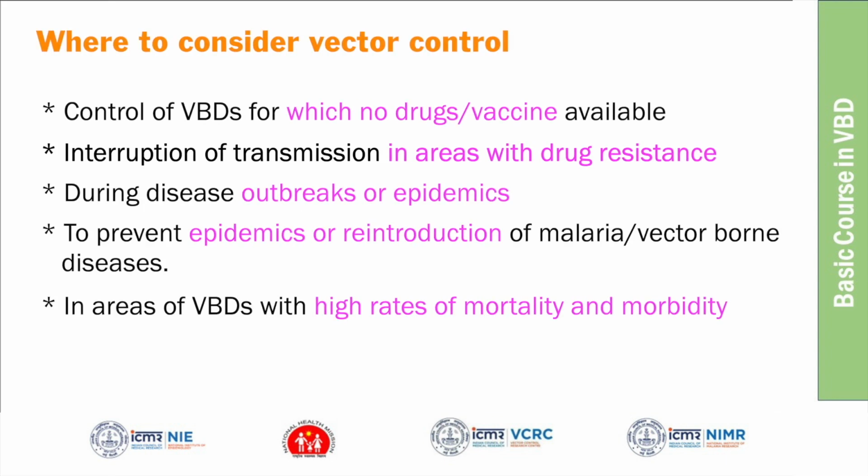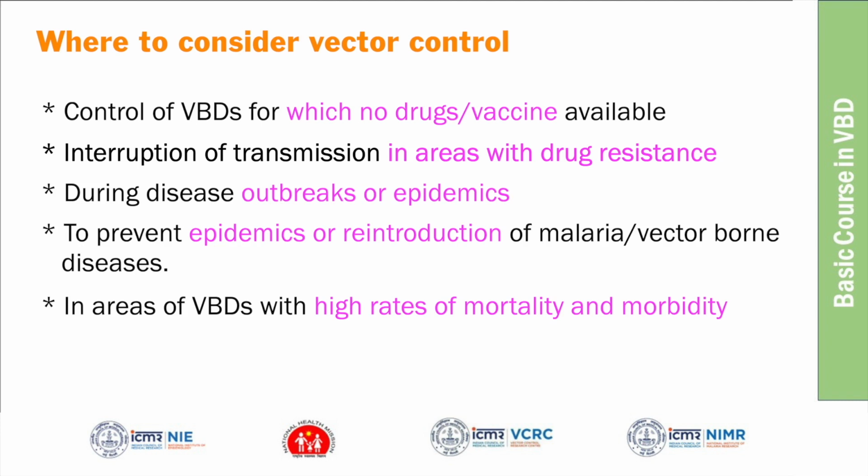So the question is why vector control is important. Suppose somebody is suffering from malaria or some other ailment, they can go for treatment. Why is vector control important? Because it is important in places where there are vector-borne diseases for which no drugs or vaccine are available.